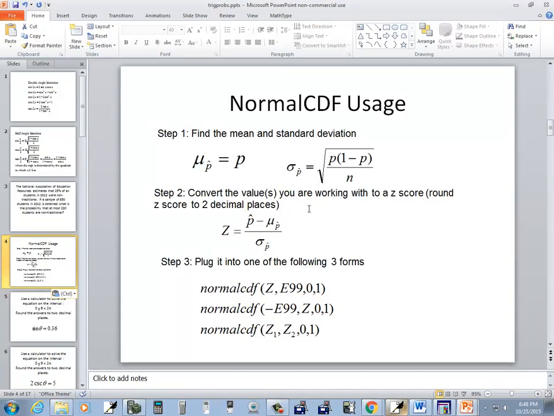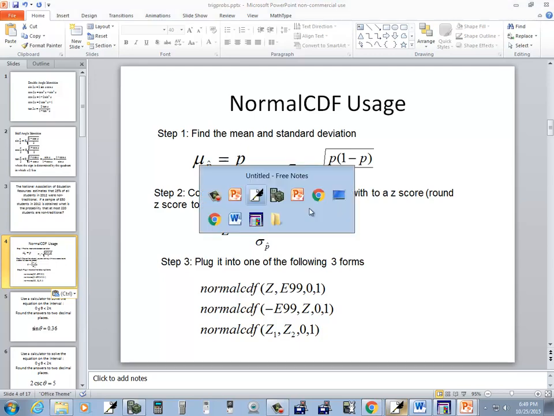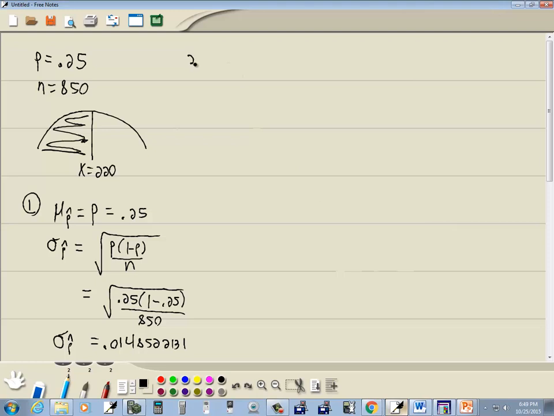Okay, now we're at step 2. Step 2 requires us to have p hat. So the first thing in step 2 is we want to find p hat, which is x over n. Well, x is 220, and n was 850.